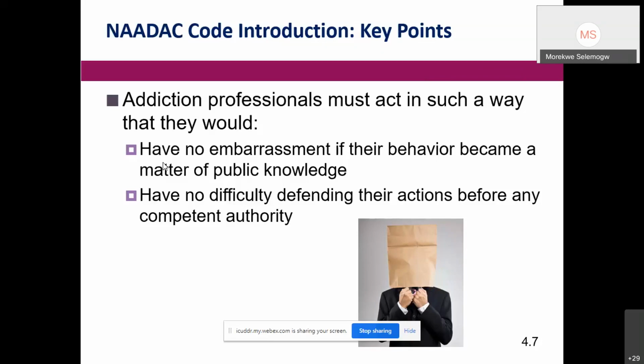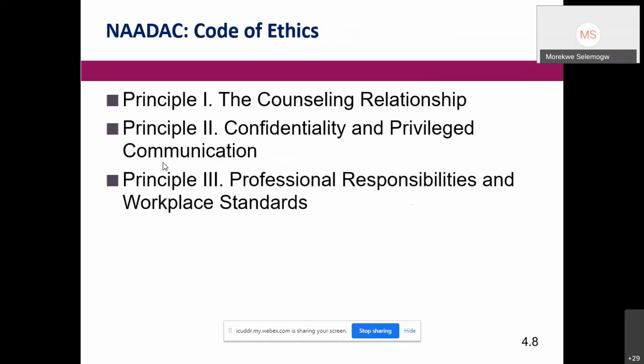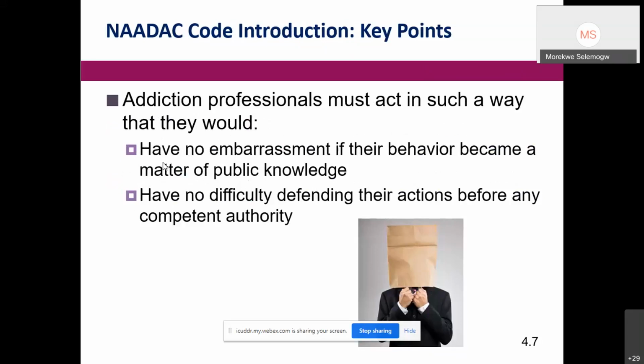So you cannot be empathic in the counseling room and be somebody different when you are in the public domain. You cannot be somebody that is honest or has these universal values in one area of your life, and then in other areas you do not hold the same values, for example. So those are the key points with regards to the NAADAC code of ethics.